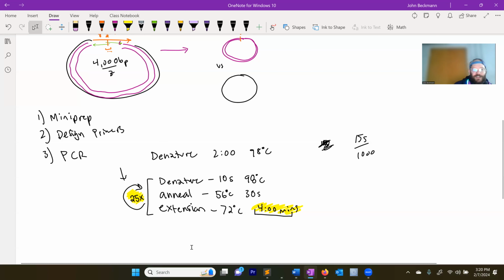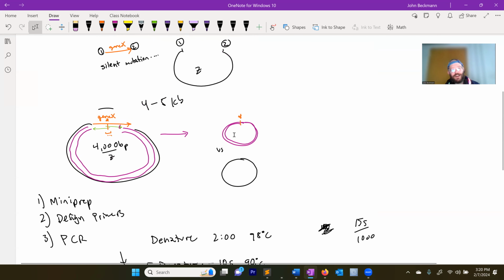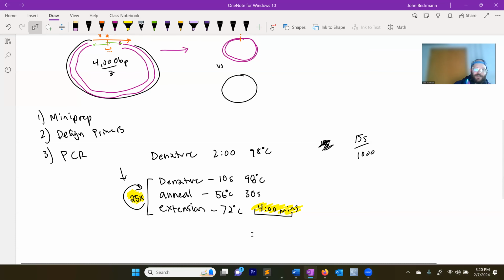In these site-directed mutagenesis PCR reactions, you tend to have fewer loops because you're trying to reduce the mutations, but still give you just enough synthetic product that you can recover it on the other side. Okay. So these are two unique things about this PCR program.